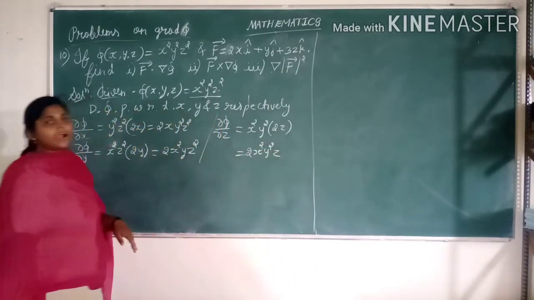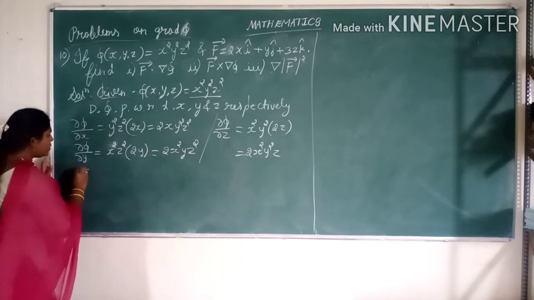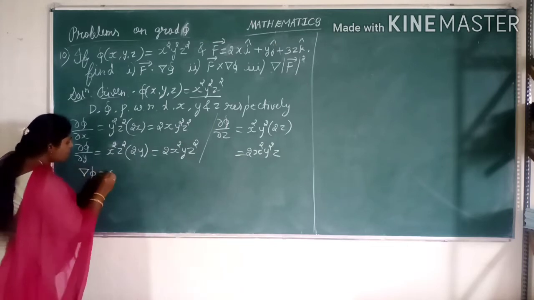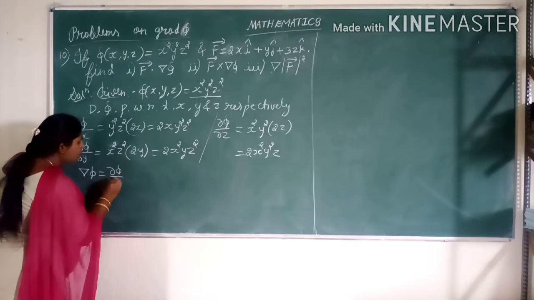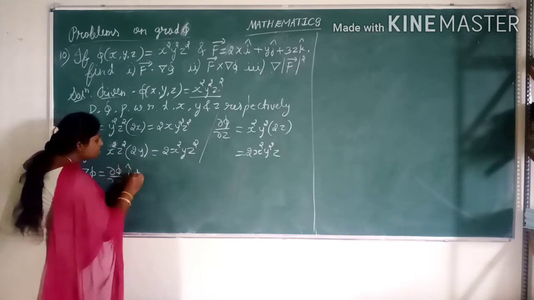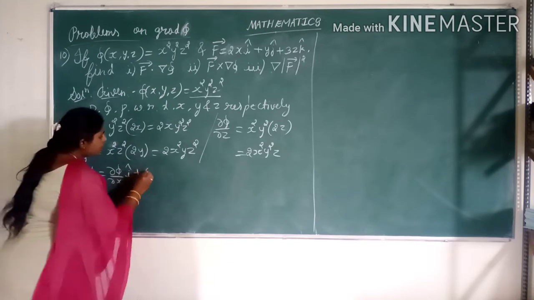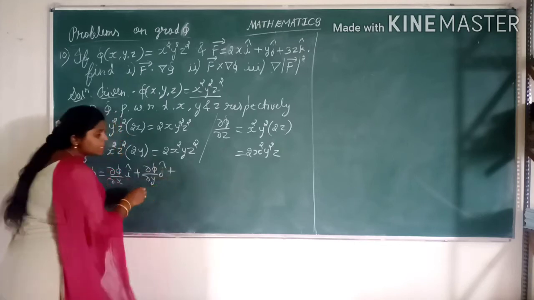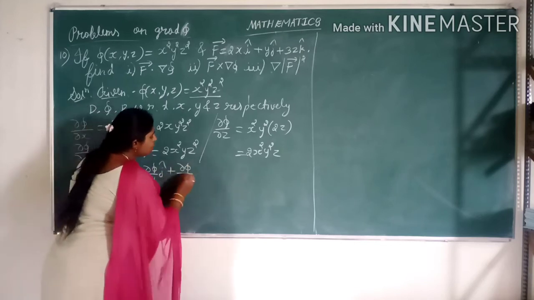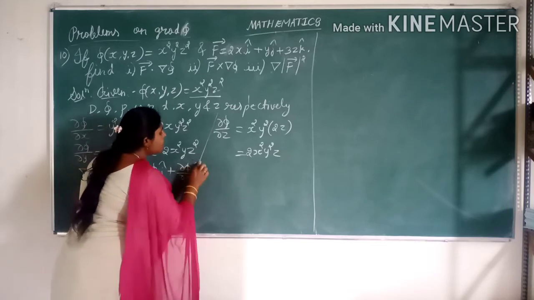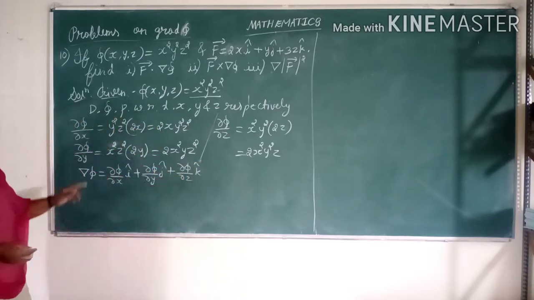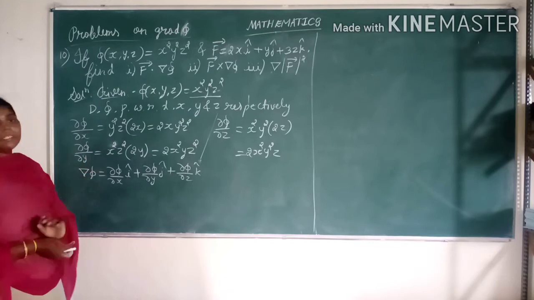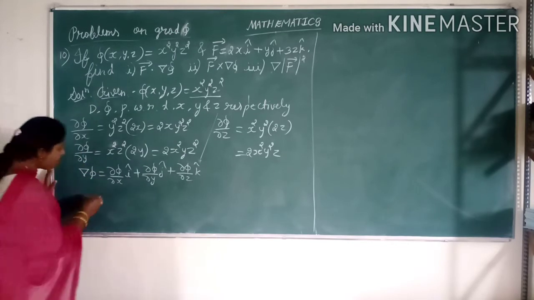After finding the partial derivatives, first find grad φ. You know the formula: grad φ is equal to ∂φ/∂x into i cap plus ∂φ/∂y into j cap plus ∂φ/∂z into k cap.